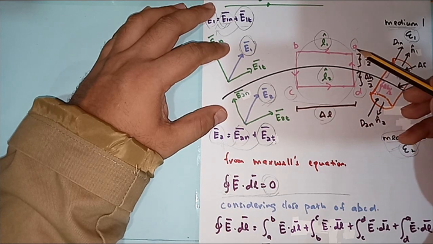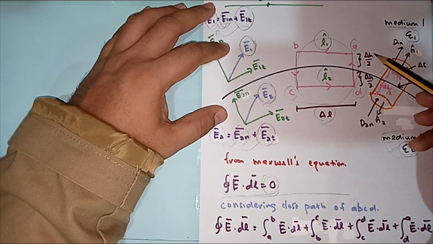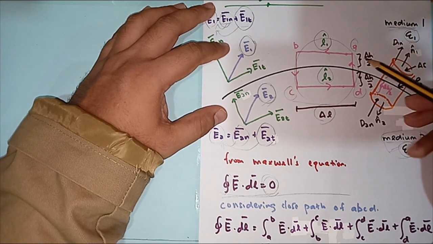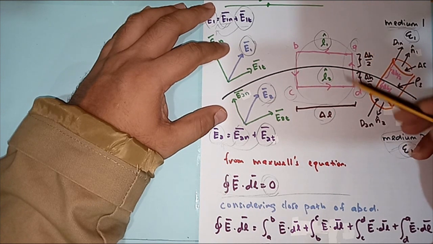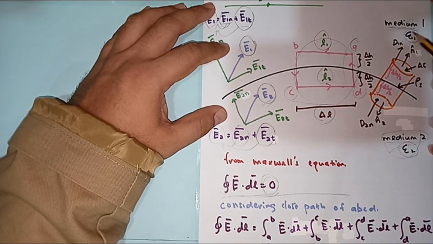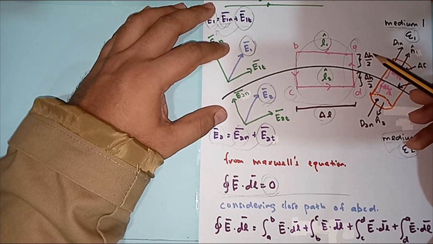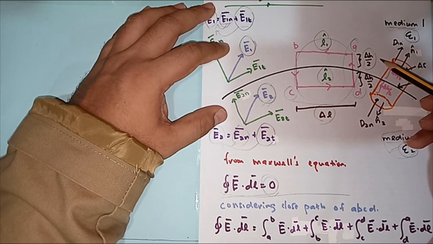The length between AD and BC is equal to delta H, and we assume that the length of lines AD and BC inside medium 1 and medium 2 are equal to each other, which is delta H divided by 2.